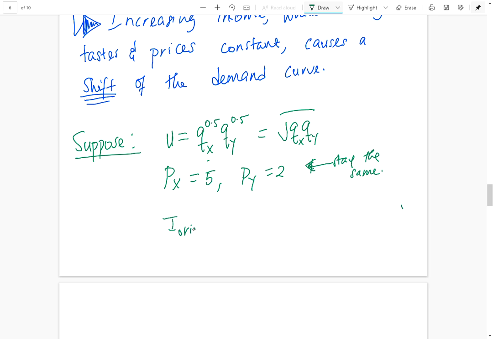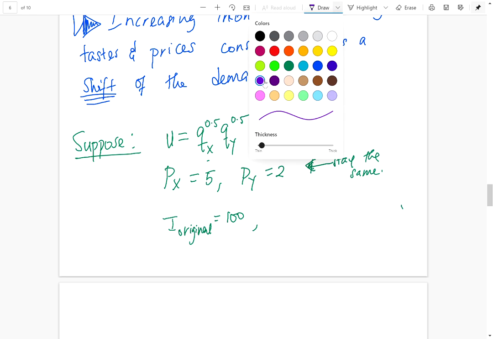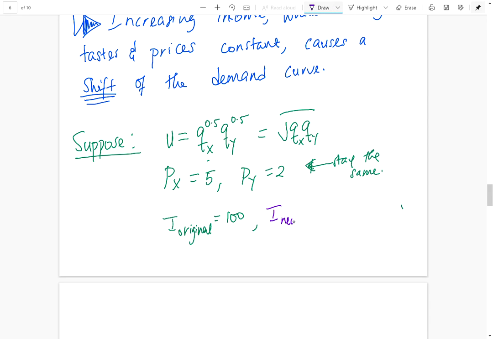Originally, income was $100. Now, income is 200. Income increases. In fact, it doubles.